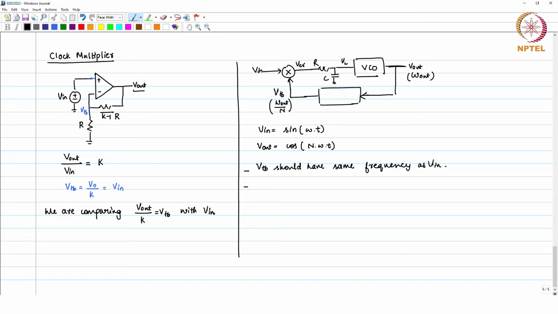Then I will compare omega out by n with omega in, and this negative feedback loop will enforce omega out by n equal to omega in.